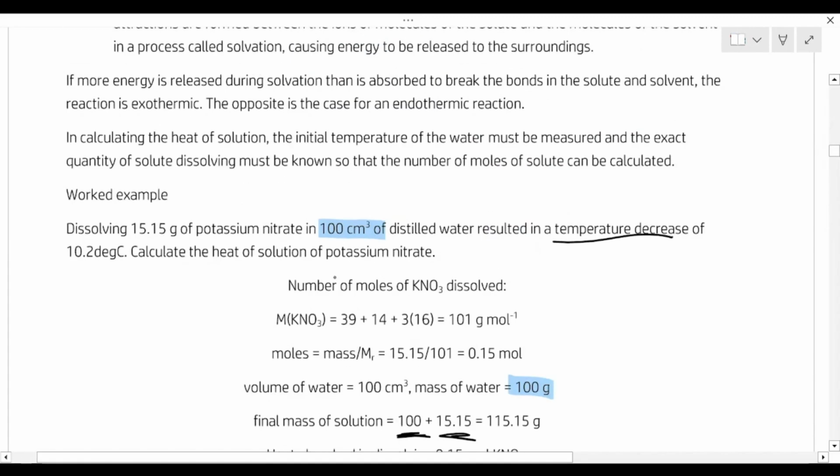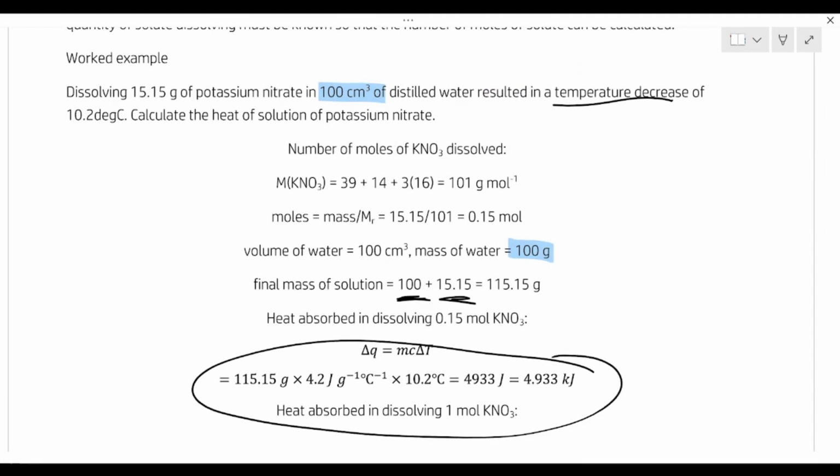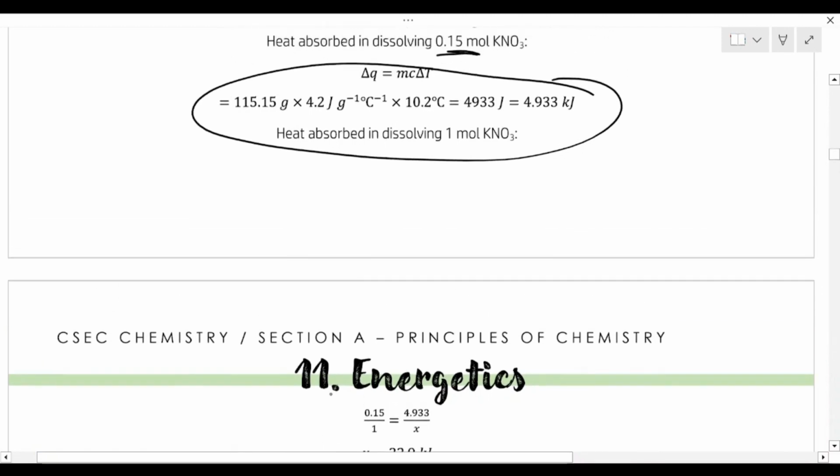Now, it's important to note that this calculation that we have right here, this 4.933 kilojoules, is the heat absorbed in dissolving 0.15 moles of potassium nitrate. So now we have to calculate the heat absorbed in dissolving 1 mole of potassium nitrate. And you can do a simple cross multiplication for that.